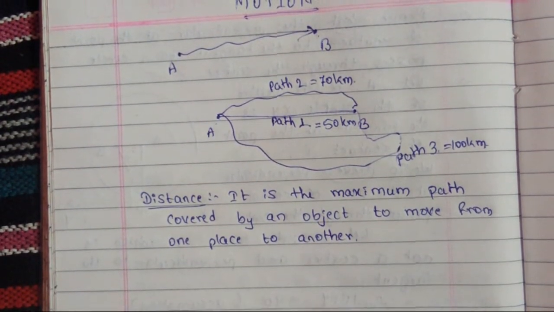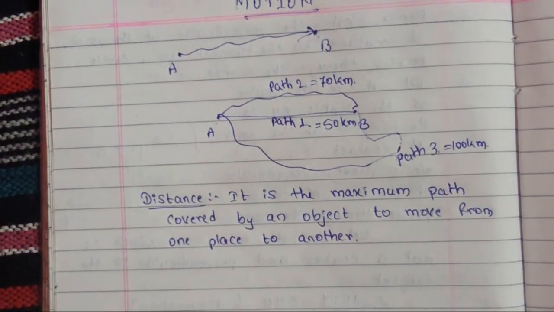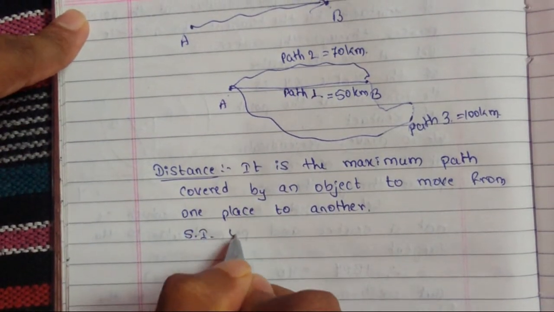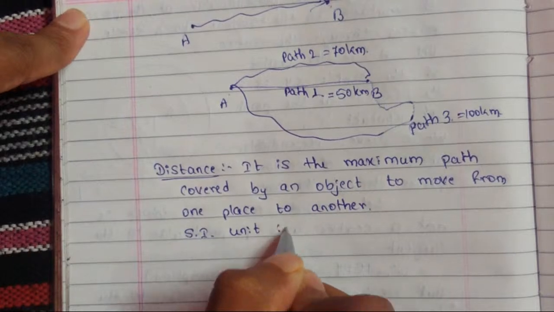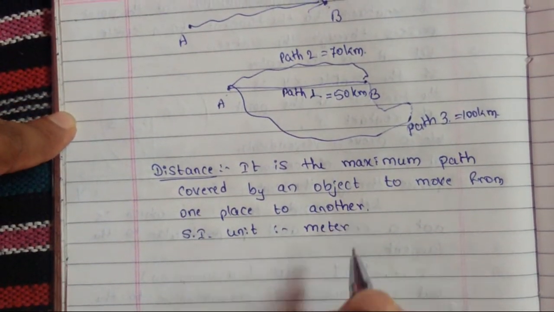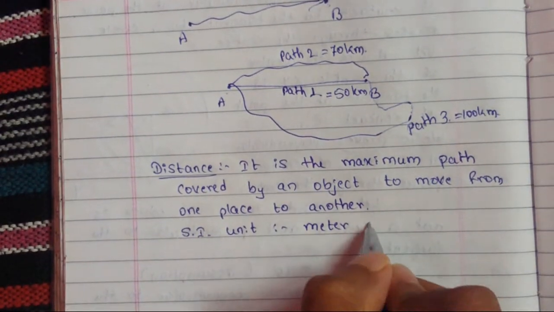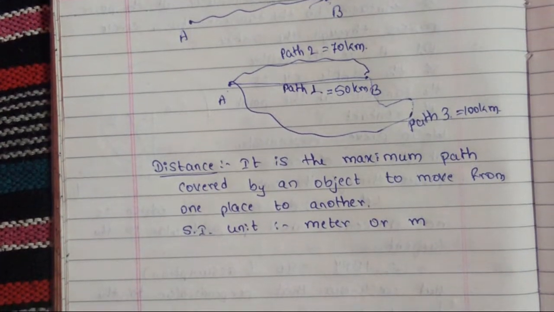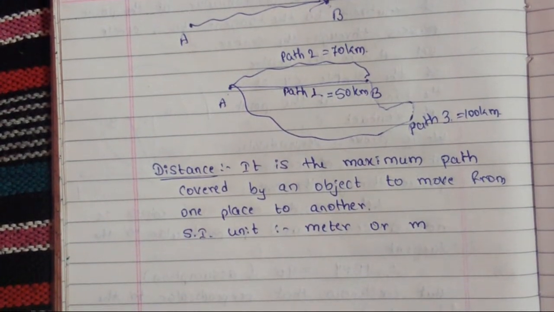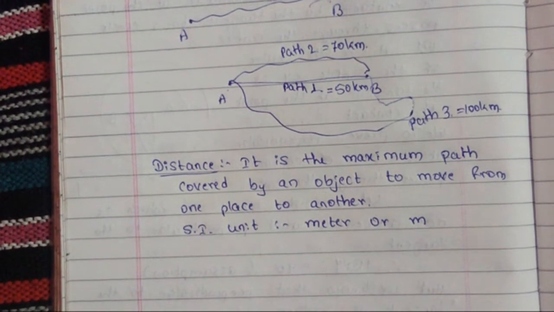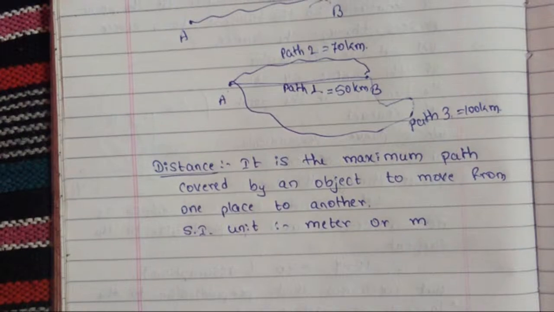Now the SI unit, the International Standard of Units, SI unit is meter. We write meter in small letters, or we can write small m. This is about distance, which is the maximum path.